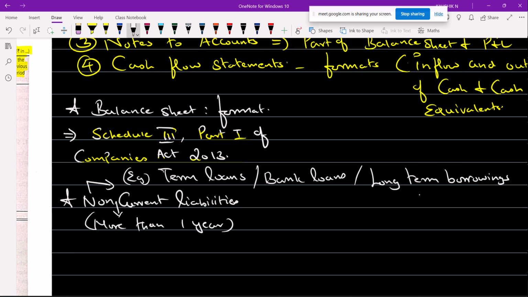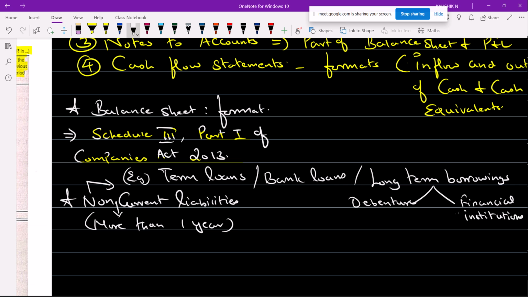When we use long term borrowings, we mean the borrowings which are done by way of debentures, or from any financial institutions.